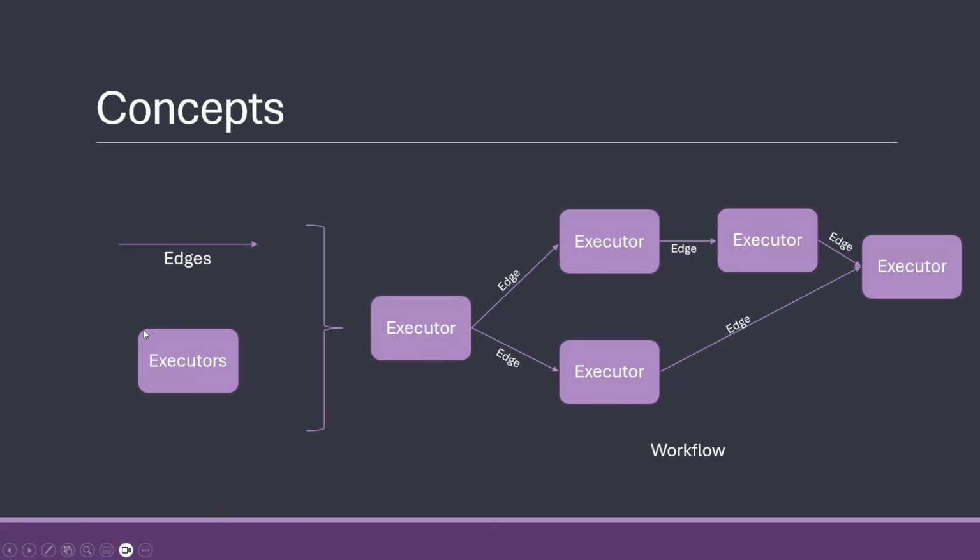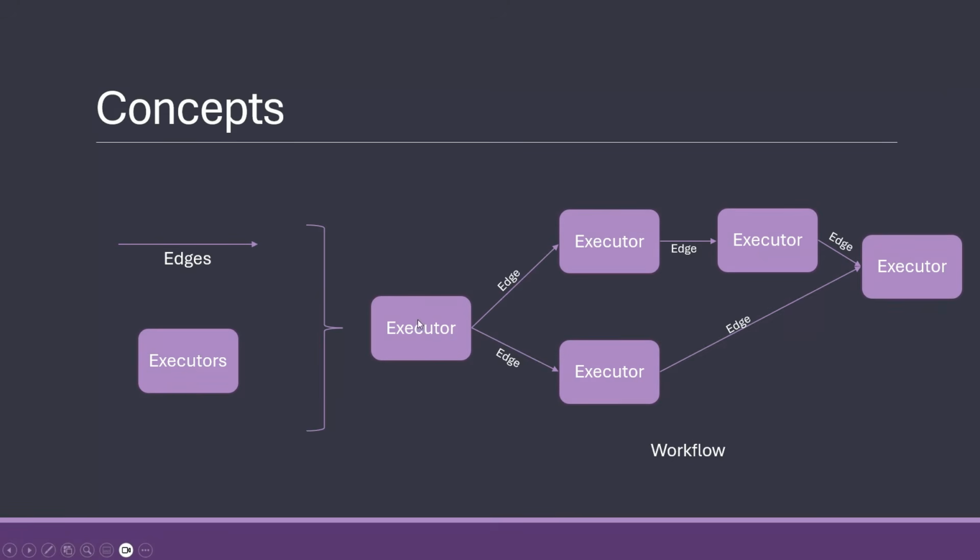But let's learn a bit about the concepts. There are two main concepts in all of this, and that is executors and edges. A workflow is simply pieces of code that you want to run strung together in a flow.